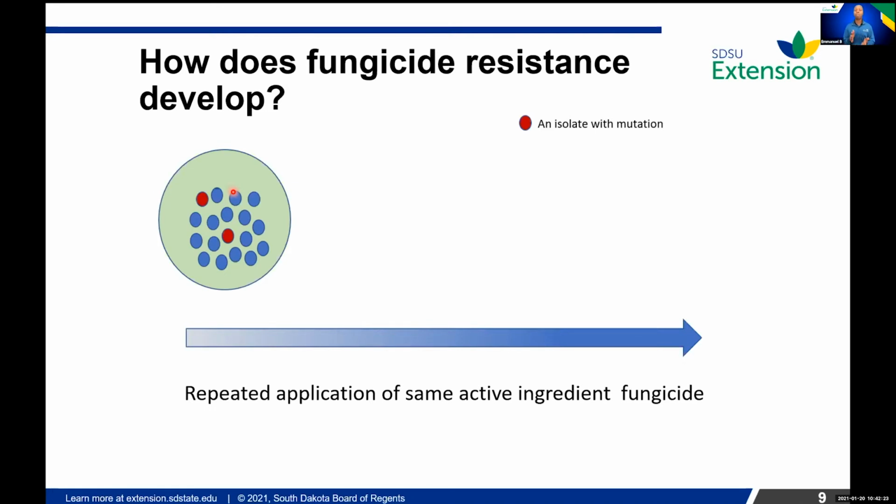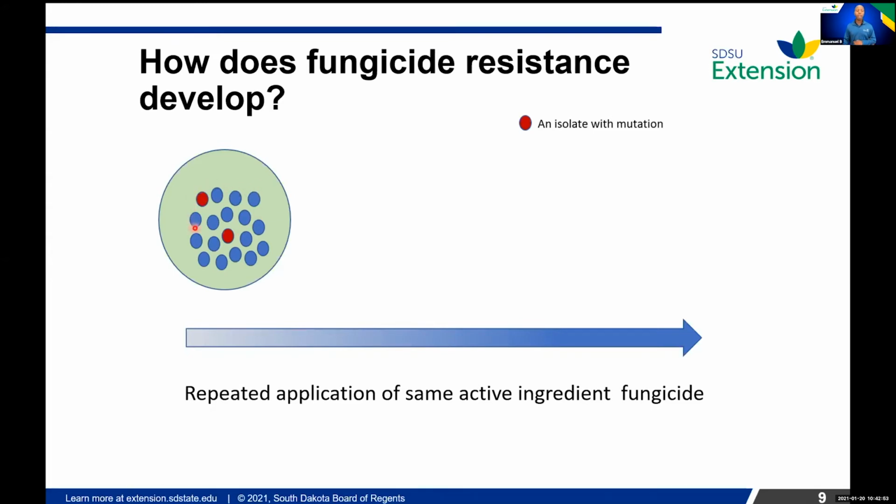So in other words, if you apply the same active ingredient, you are applying a selection pressure against certain isolates, and so there's an imbalance in nature that leads to one isolate becoming predominant. It so happens that the isolate that survives the fungicide becomes dominant, and so once the fungicide is applied, it's like applying water, because the isolate that is surviving will not be affected by the fungicide.